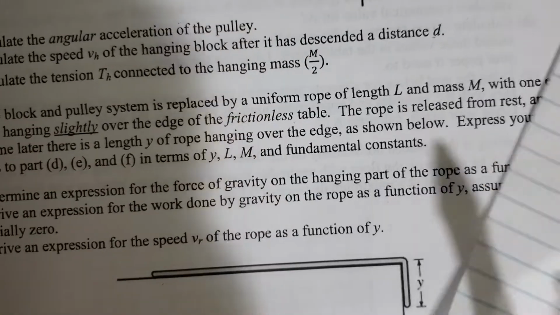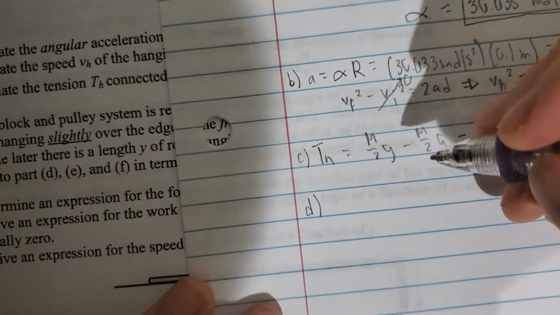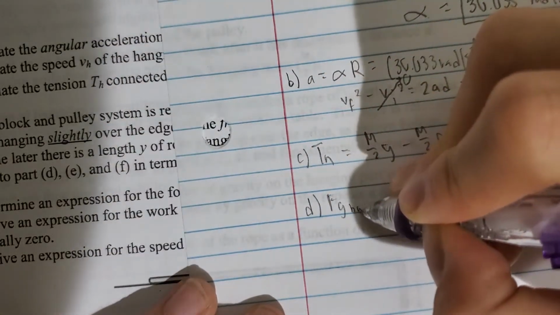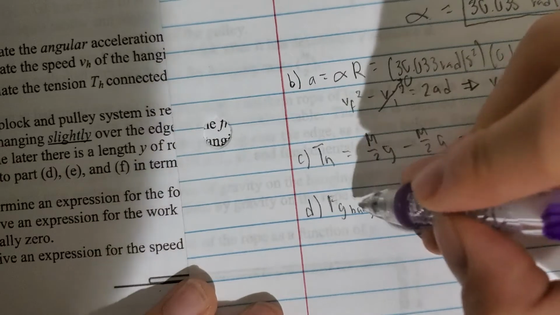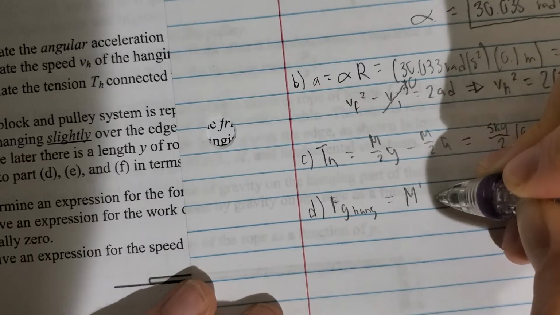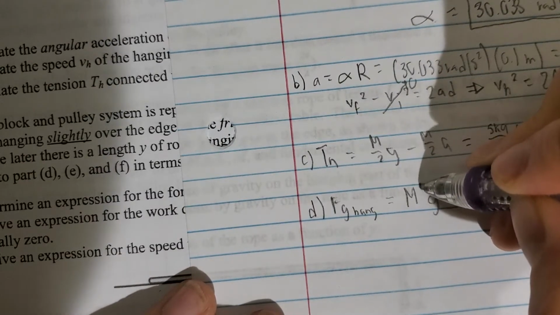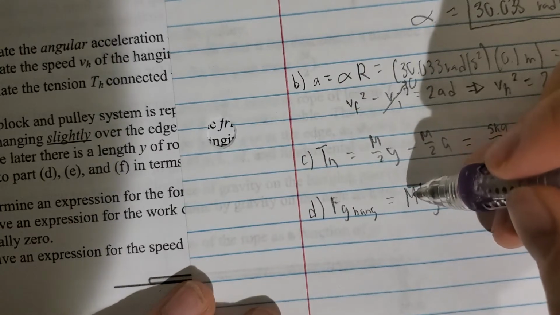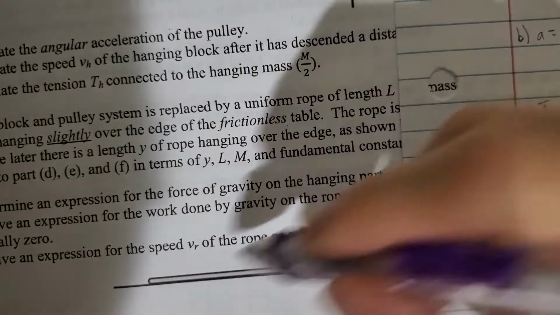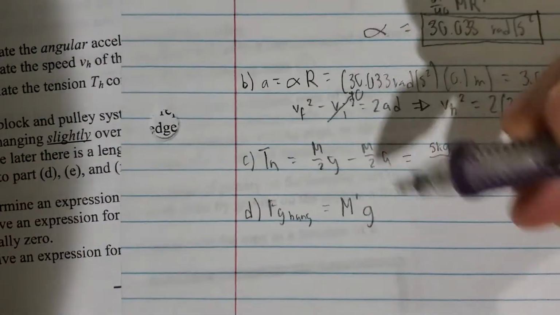Okay, so part D. FG hanging is what I'm trying to find, and I know that FG is equal to mass times gravity. Now this mass right here is the mass that is hanging, and now I have to define it in terms of the mass of the entire rope instead of just the mass of the hanging part.